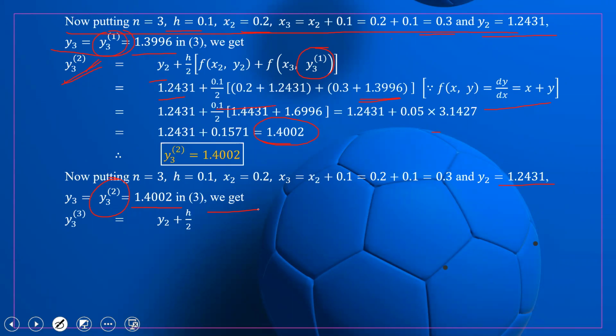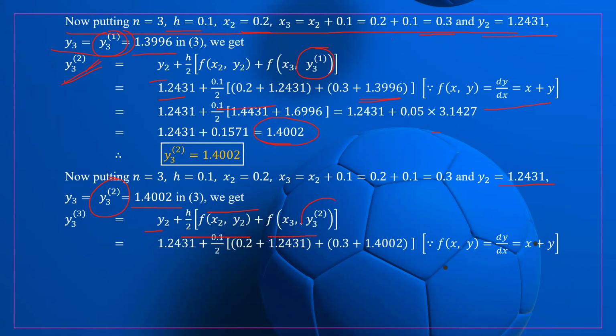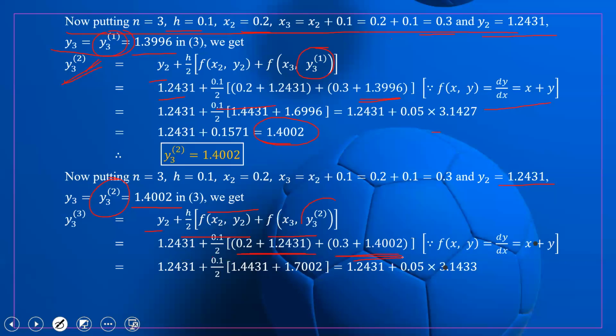So what we are getting, y3 is y2 plus h upon 2, f of x2 y2 plus f of x3 y3, and this value. So 1.2431 is similar, this one, this 0.2, 1.2431, this will only change, 0.3 plus 1.4002. If we again simplify it, it is what? It is 1.4431, and it is 1.7002.